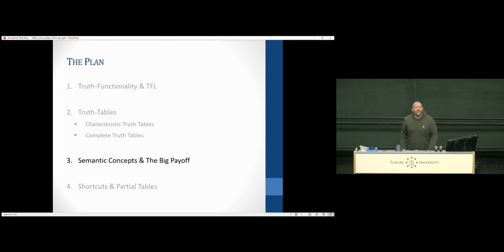The tables are going to give us ways to characterize various, what we'll call, semantic concepts. So the rest of the time here, I'm just going to talk to you about these semantic concepts, what they are, and how we use the tables to check for them. Because this is the sort of thing that we really want this machinery to do.